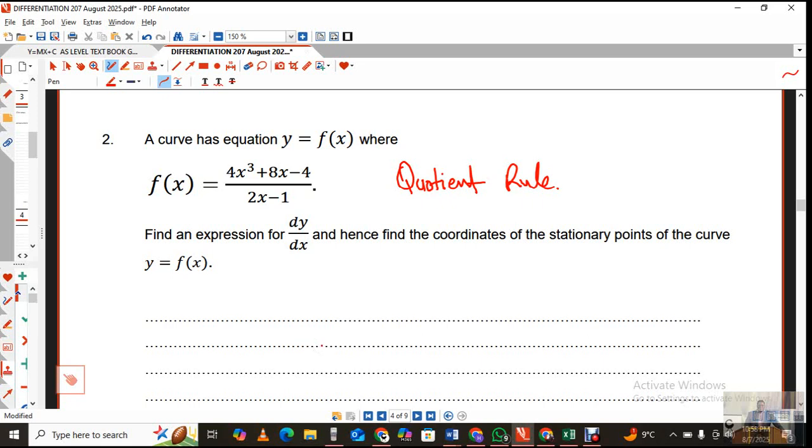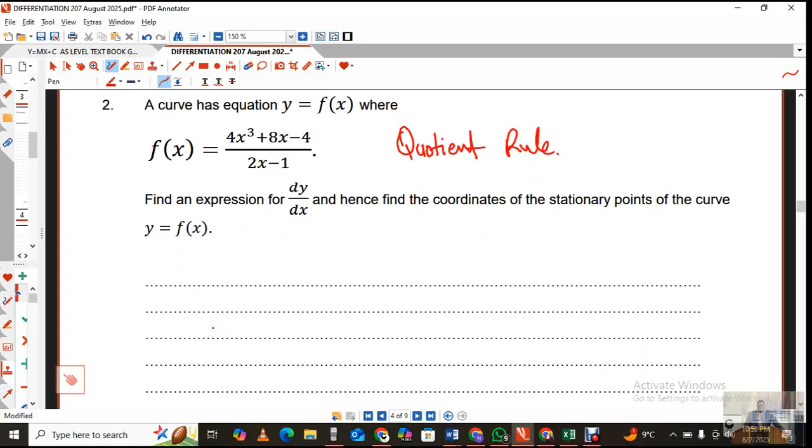Okay, now what is the quotient rule? Again, as I said, there are so many things. At this point, I do expect that you know how to use the quotient rule, so I'm just going to go directly to it. So f prime of x is equal to, the quotient rule says you take the denominator and multiply that by the derivative of the numerator.